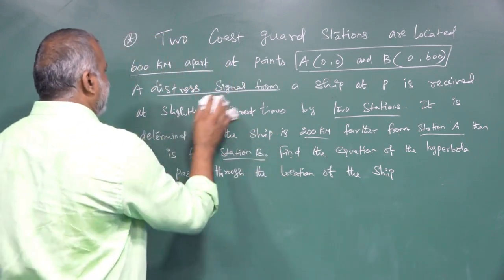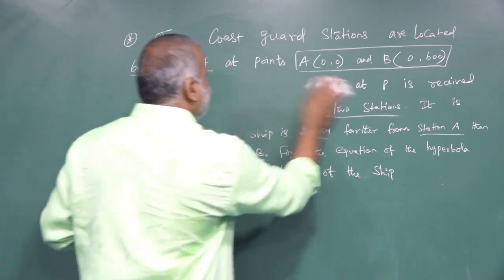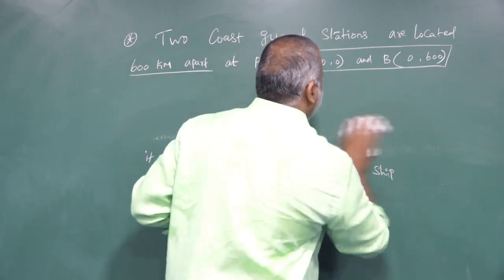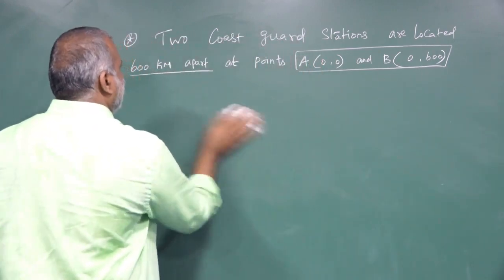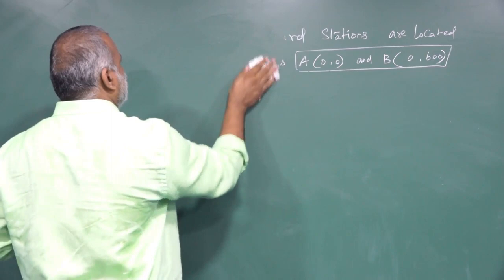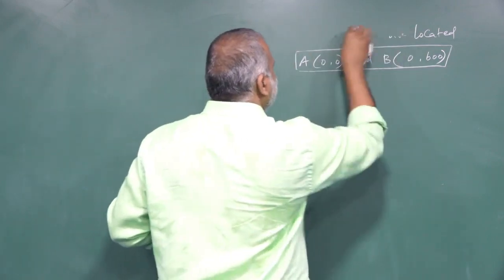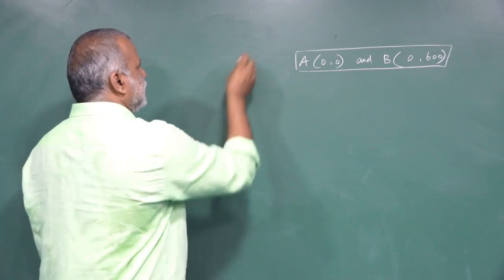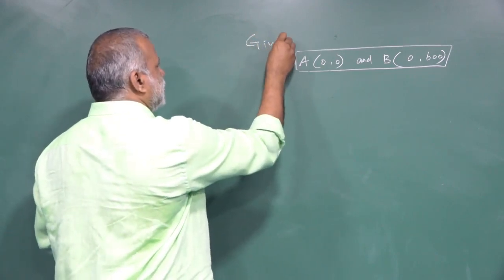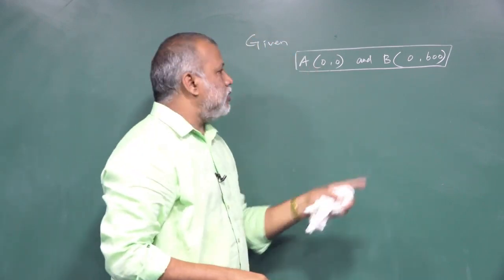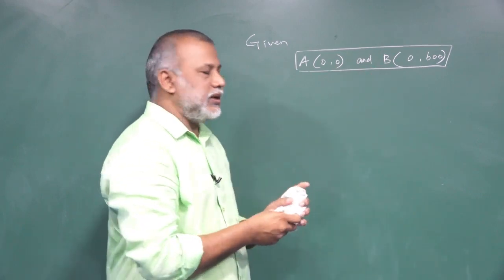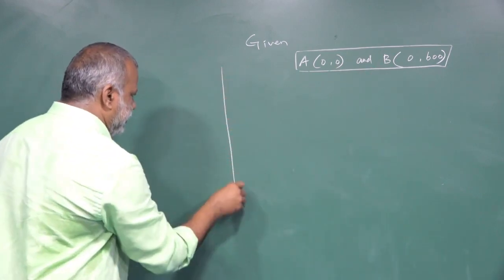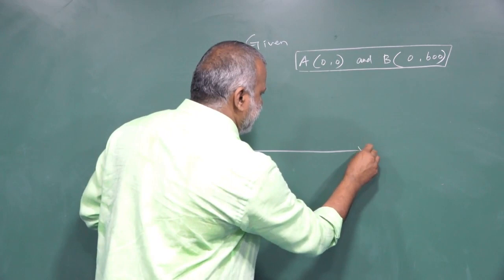Now listen carefully. We need the points. What are the given points? A (0,0) and B (0,600). This is given. I am selecting the diagrammatic explanation.